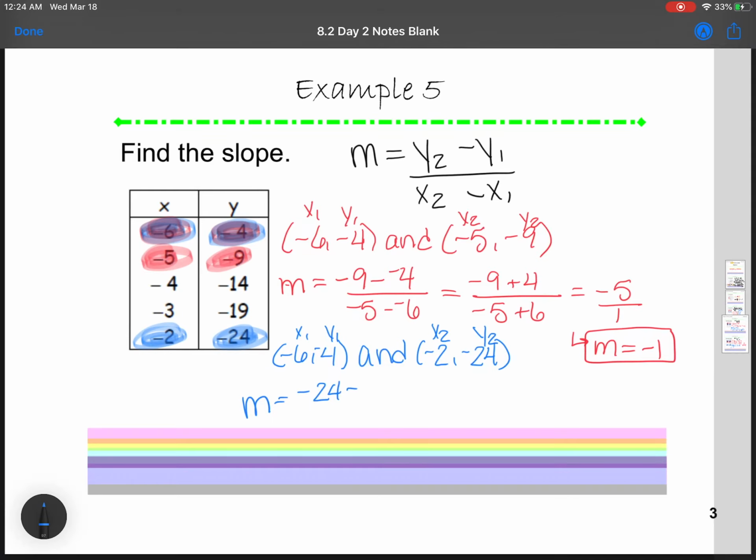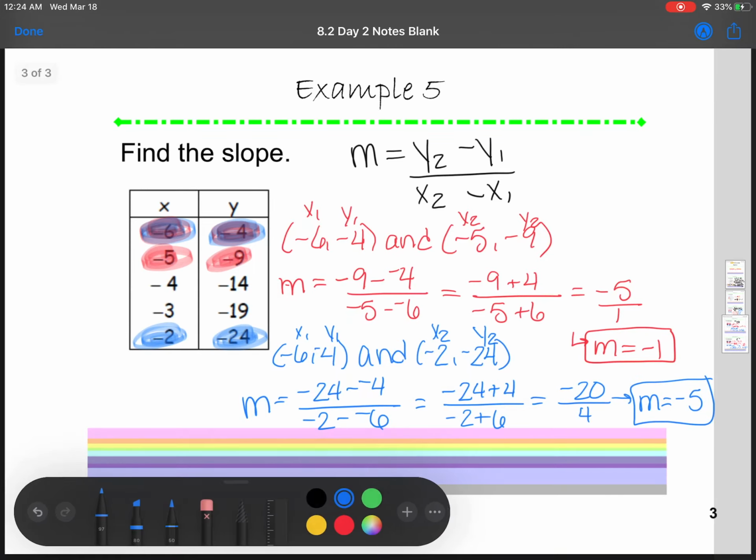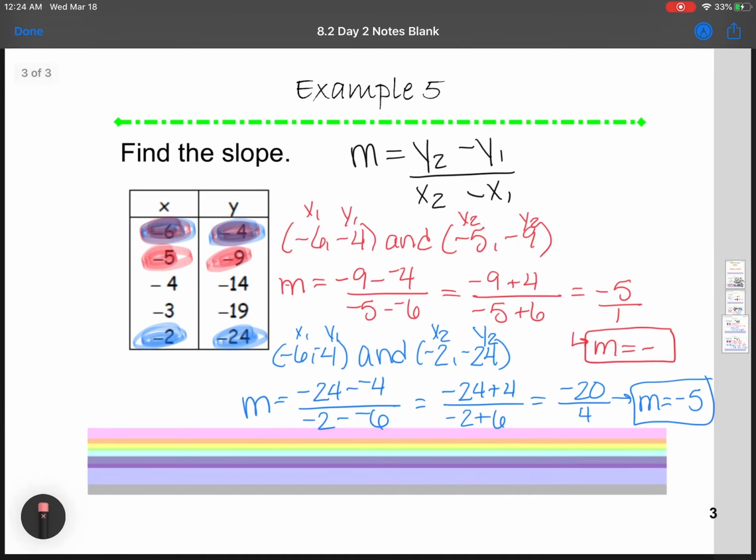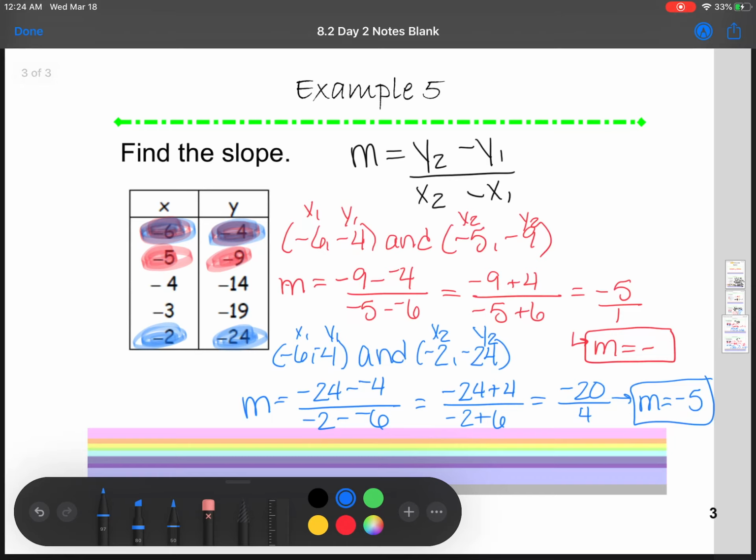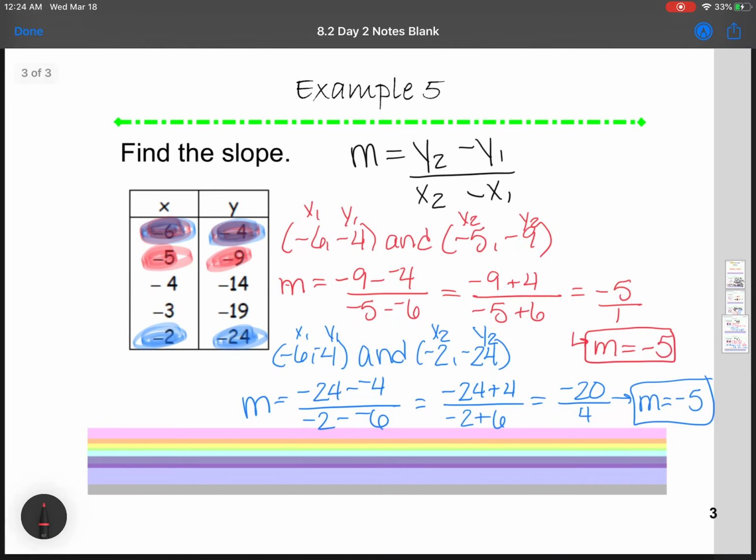M equals negative 24 minus negative 4 over negative 2 minus negative 6, or negative 24 plus 4 over negative 2 plus 6, which is negative 20 over positive 4. M equals negative 5. Oh my goodness, above, I made an error. I really hope I said that would be negative 5, but I really don't know. But negative 5 divided by 1, regardless, is negative 5. Negative 20 divided by 4 is negative 5.